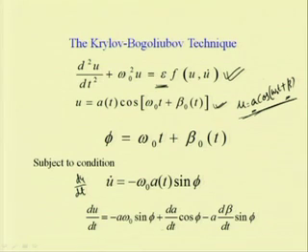So, we have these three terms, but Krylov and Bogolyov have made the assumption that this equation will be the solution of the original equation, that is d square u by dt square plus omega 0 square u equal to epsilon f u u dot, subjected to the condition that u dot will be equal to minus omega 0 a sin phi.